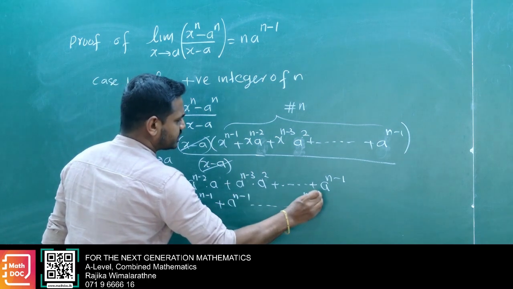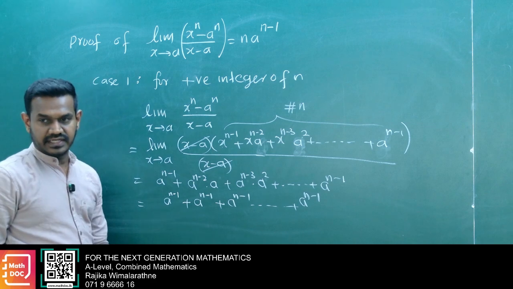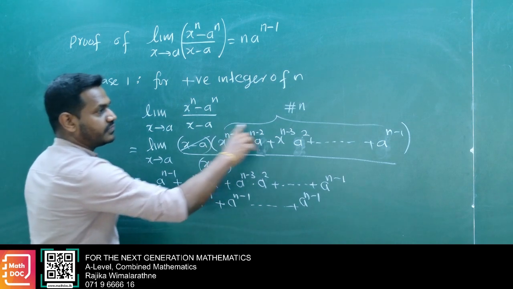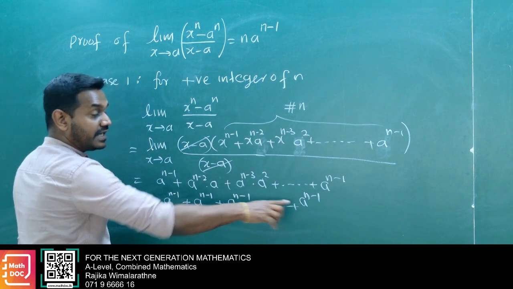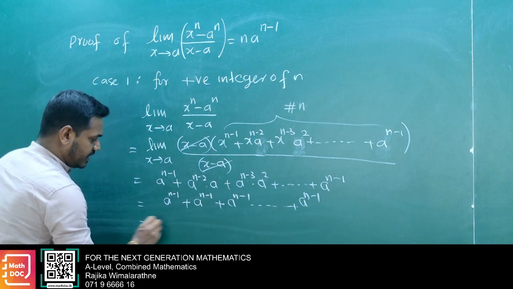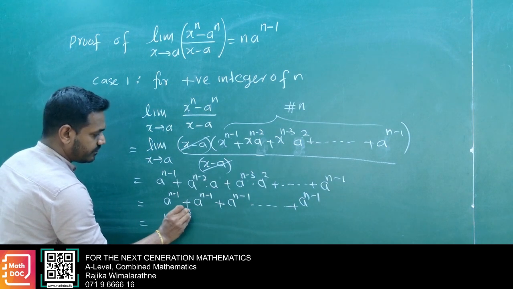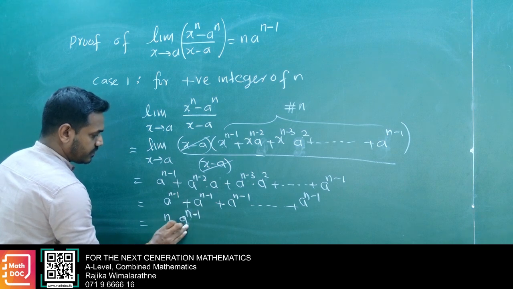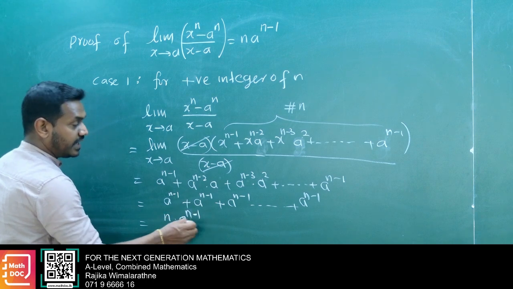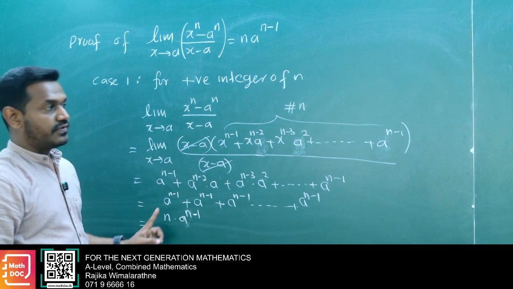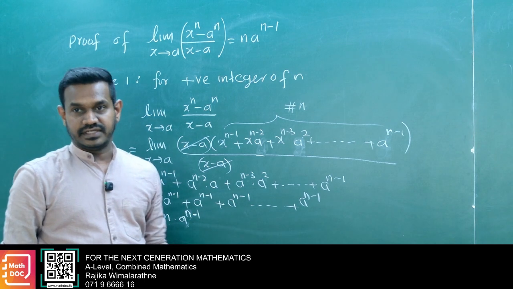All terms are a to the power n minus 1. We know the number of terms is n. Then similar type n terms, no? Then finally n into a to the power n minus 1. Then n a to the power n minus 1. That is the proof for positive integers.